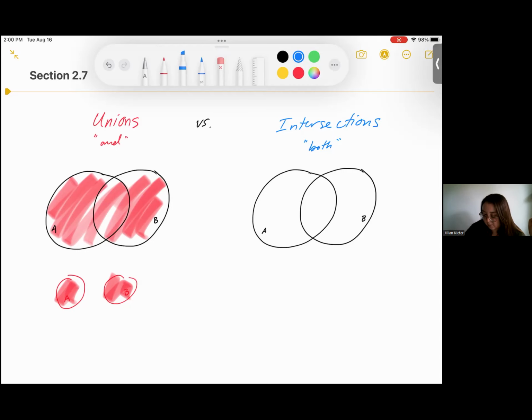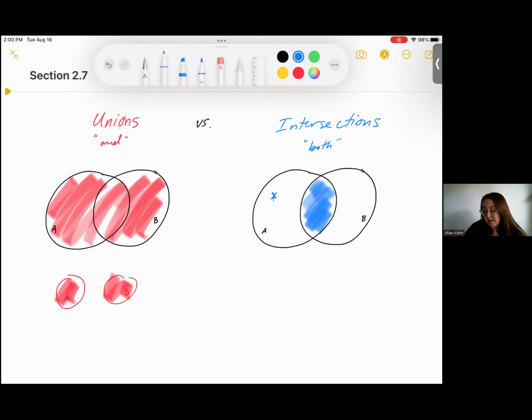So in that case, we're looking at this center part, that overlapping of domain A and domain B. So if something exists in A, let's say star. Star exists in domain A, but it is not in B. So it doesn't get included in the new domain because it was not in both domains.